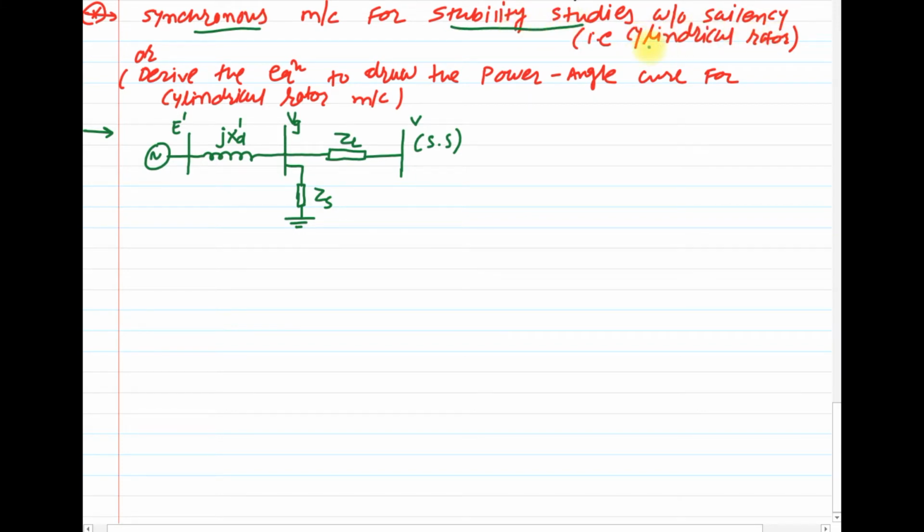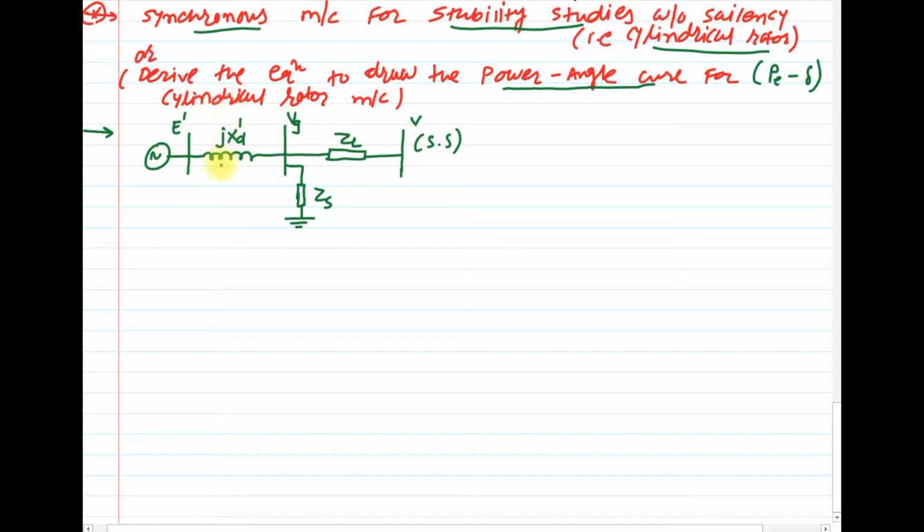That means we consider a cylindrical rotor machine, and for the same machine we will draw the power angle curve, which is generally known as the P delta curve. Clear?